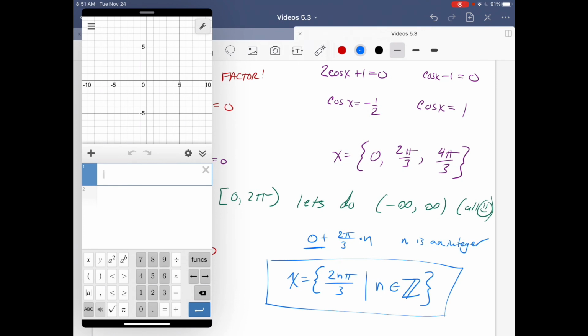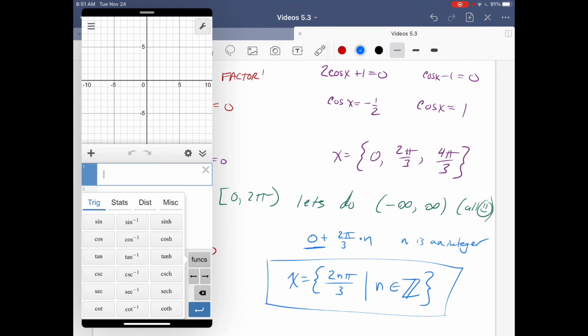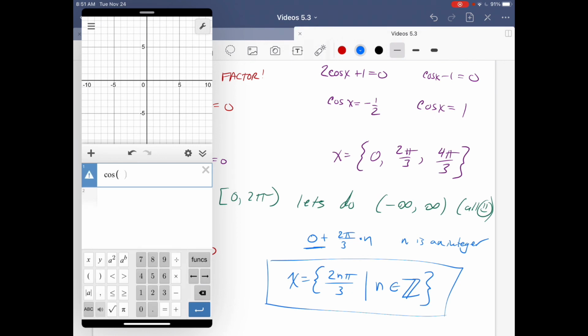So if we take cosine of, let's just put 2 pi n divided by 3. No matter what this value becomes right here, we're going to get either a negative 1/2 or a 1.